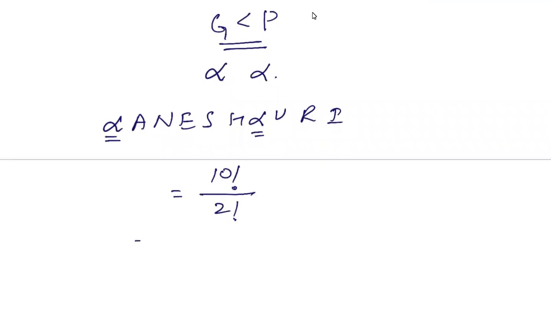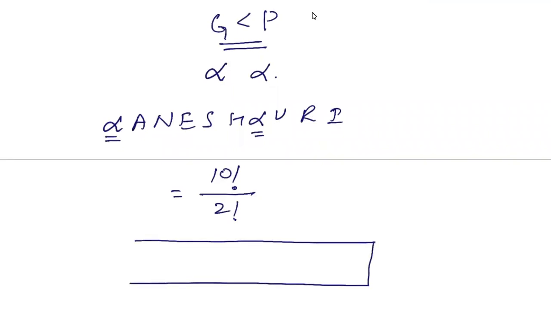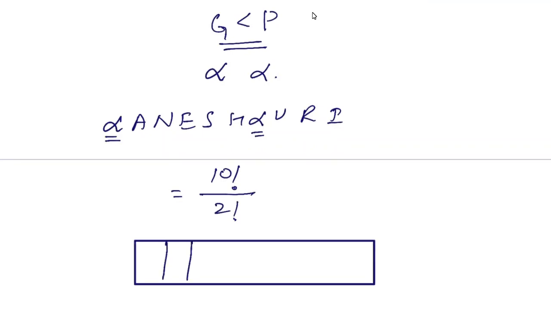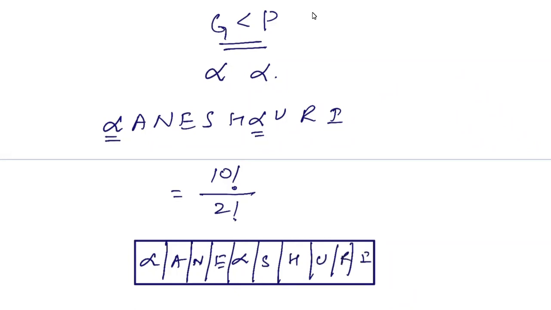So how is this going to be arranged, right? 2 alphas are there, and the rest of the alphabets are going there, something like this.